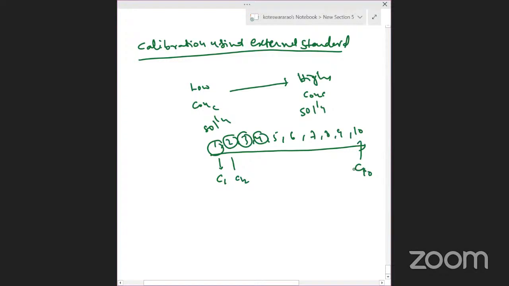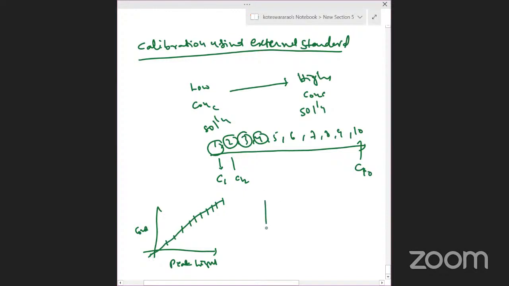The peak height and area are plotted as a function of concentration. You may take the peak height or peak area. Suppose we take first the peak height versus concentration of the sample. We have the 10 samples. You make a graph that passes through the origin, and a straight line results.